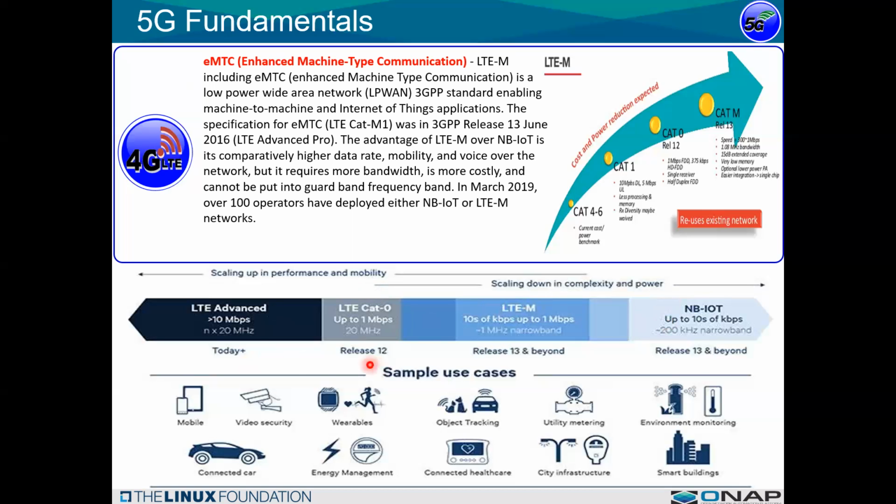Some typical use cases are mobiles and video security, wearables that can talk to a network, object tracking, utility metering, and environment monitoring. You'll recognize these as some basic IoT type things as well.